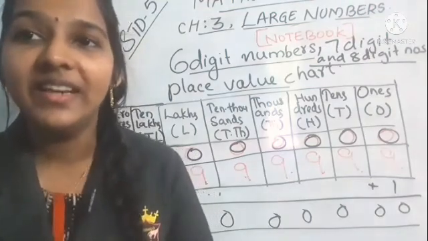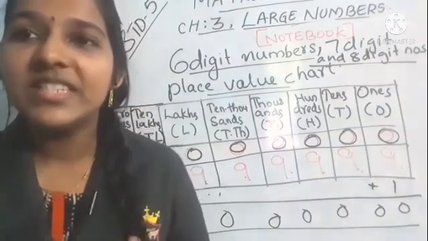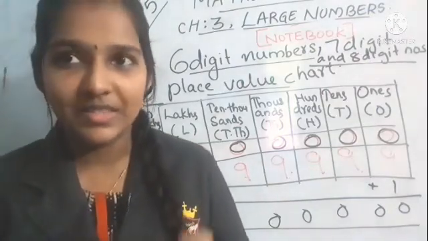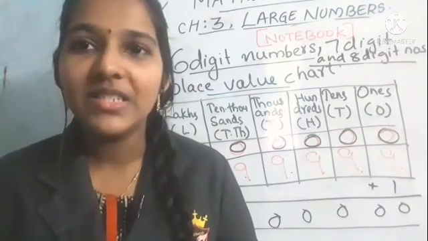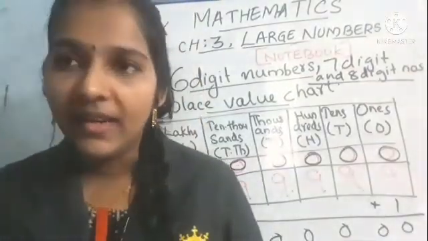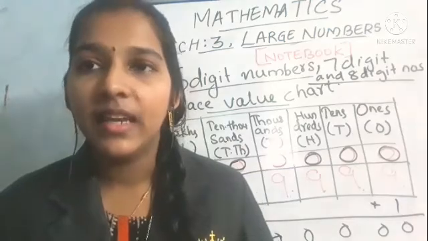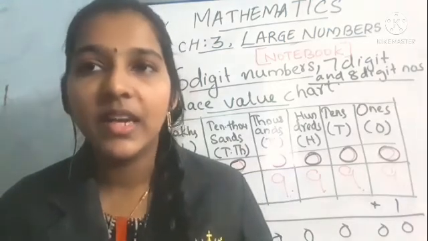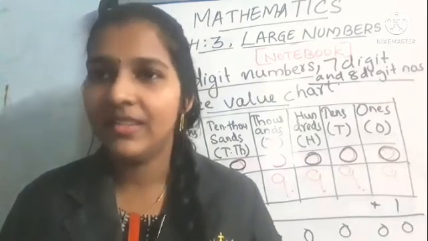That is 10 lakh. And which is the largest 7-digit number? The largest 7-digit number is 99,99,999.